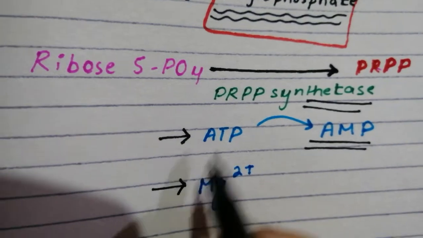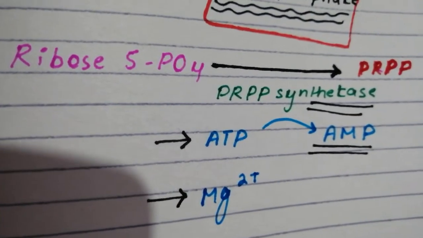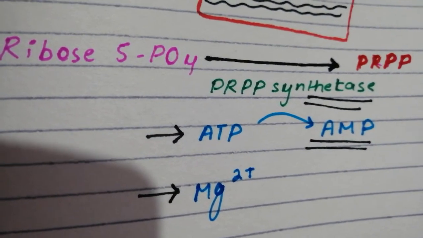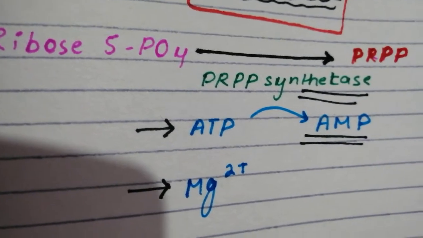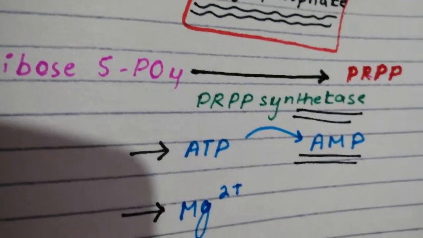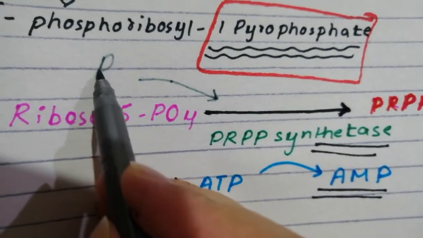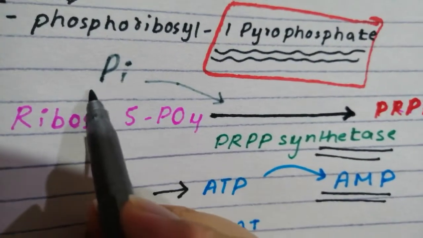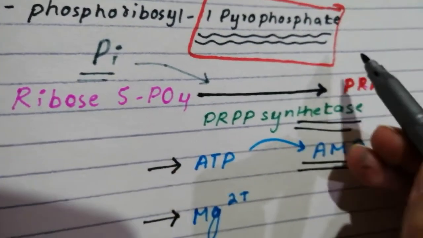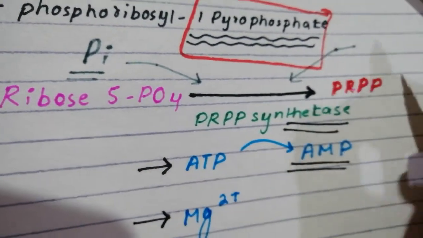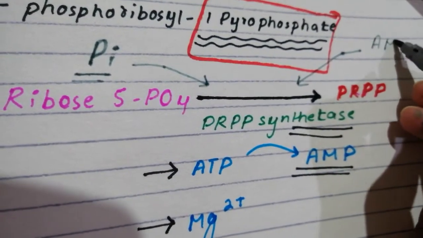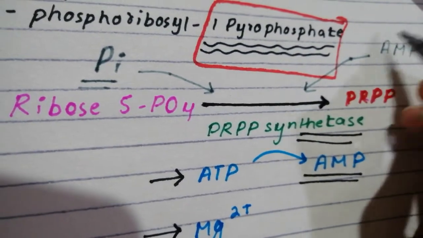Now let's talk about the allosteric regulation of this step, which is not as important as for the next one, but regardless very important. Inorganic pyrophosphate is going to act as the allosteric activator, whereas the AMP and the GMP, which are going to be the end products of this pathway, will act as the allosteric inhibitor.